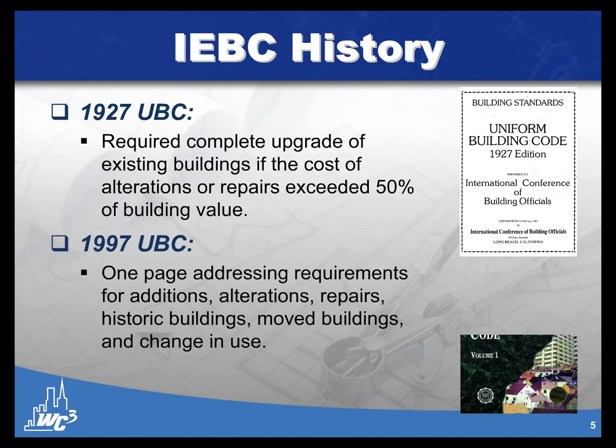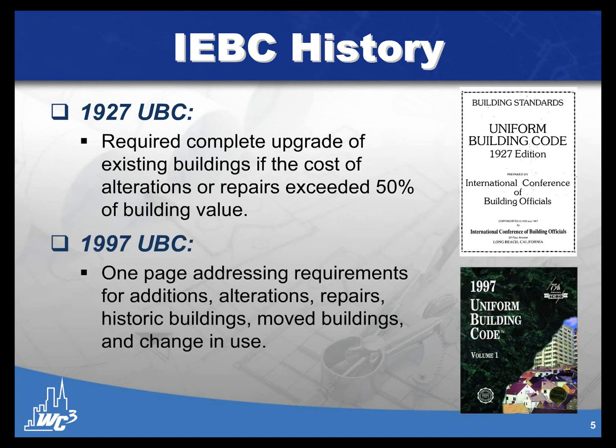That was all we had at that time. Before we merged the Uniform Building Code and BOCA and SBCC into the international codes, the last version of the Uniform Building Code in 1997 just had one page that addressed some of the specific requirements that you might have in relation to additions, alterations, repairs, or change of use of the existing buildings.